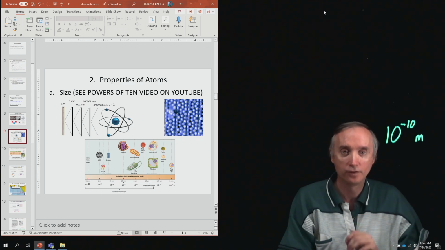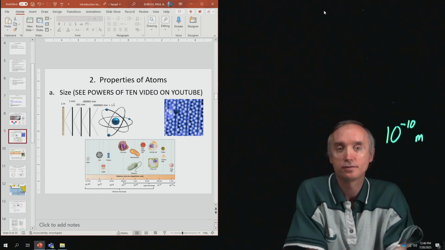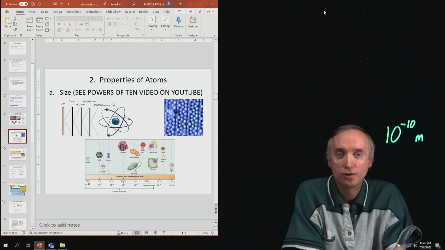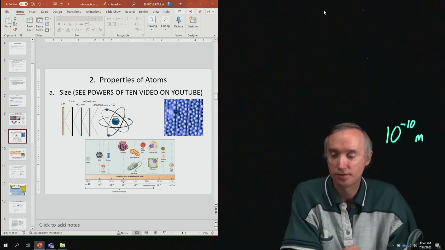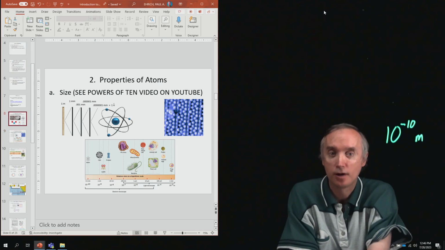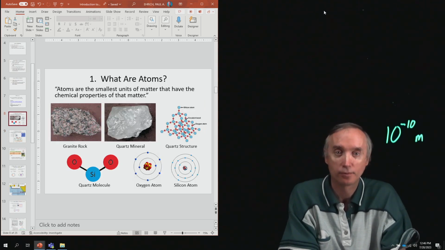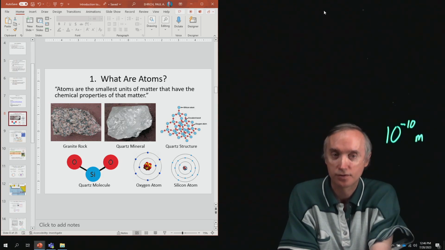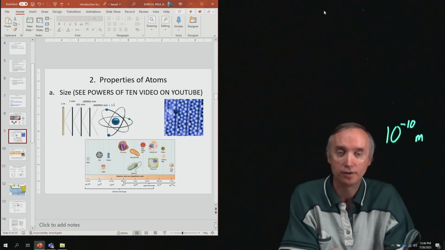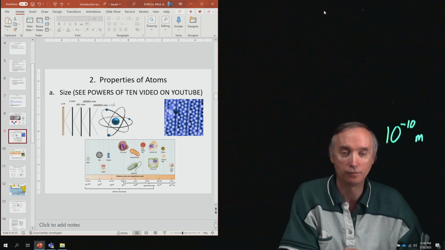If you look carefully, what do you notice? You should notice that those atoms are making a particular pattern, the same way that molecules make a particular pattern when they make up a quartz crystal. So the way that atoms hook together is in a specific kind of way.